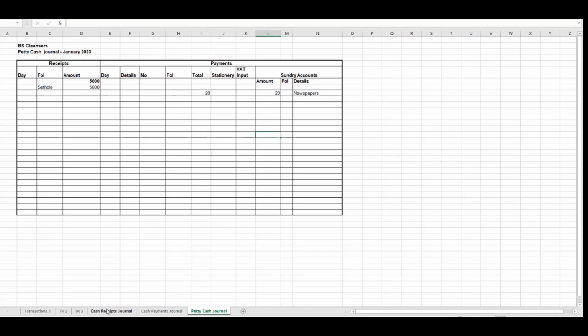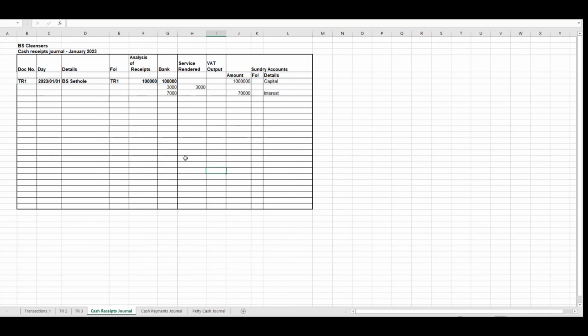On the cash receipts journal, one thing I must tell you is this column called analysis of receipts. If we have more than one transaction in one day, let's say on 1 January we didn't just receive 100,000, we received 100,000 and another amount, we're going to have that other amount underneath that particular day, and we'll do a mini total.